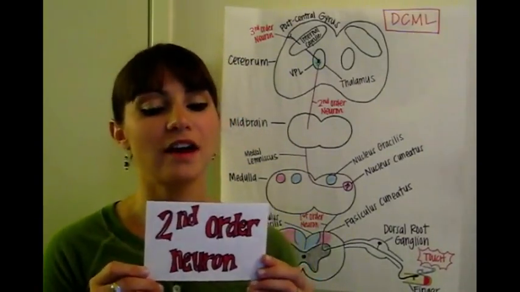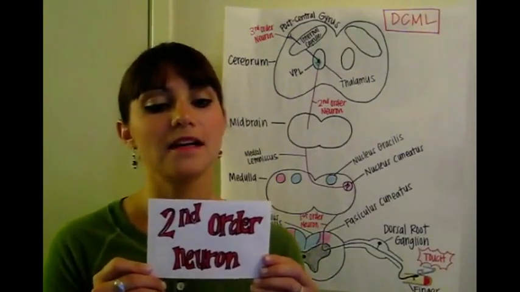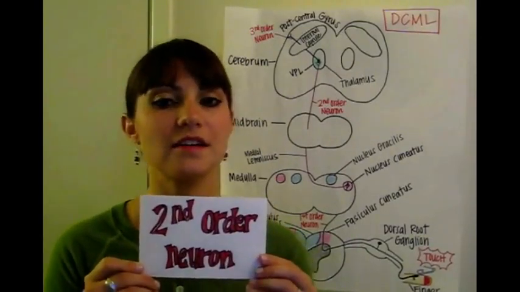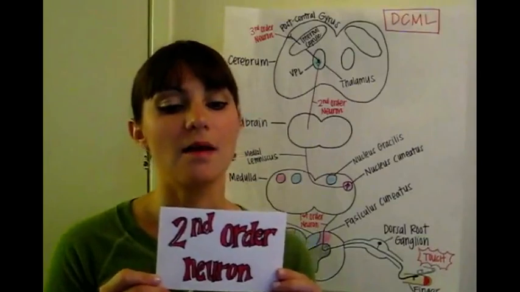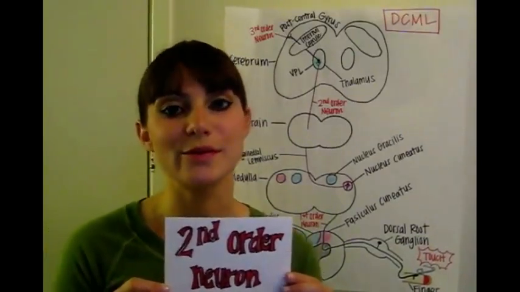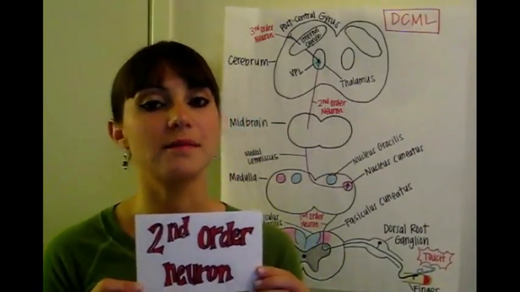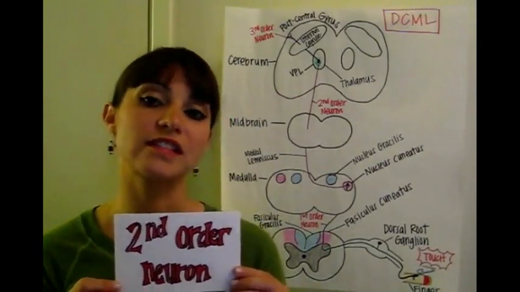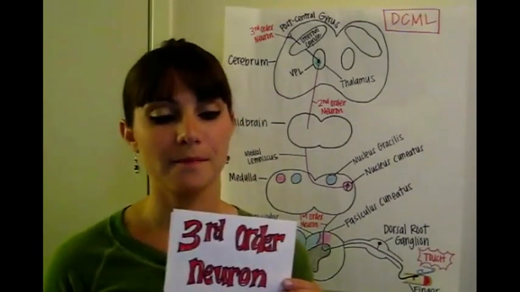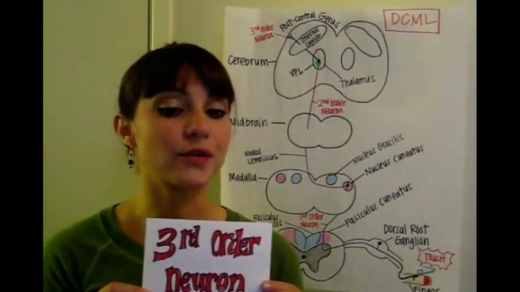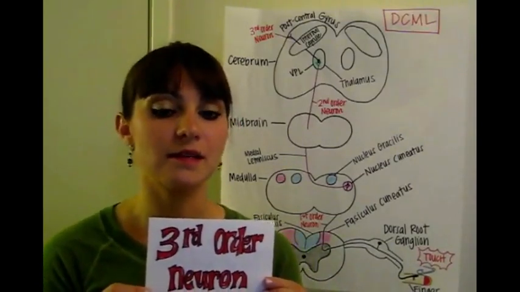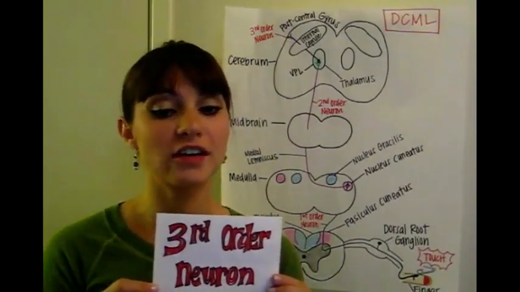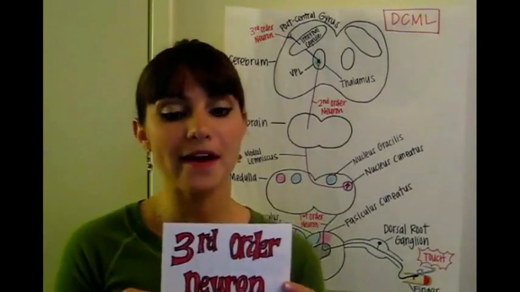Second order neuron starts in the medulla. Decussates and ascends via the medial lemniscus up through the cerebrum into the thalamus, where the VPL of the thalamus serves as its last stop. Third order neuron starts in the VPL through the internal capsule, which is just white matter.